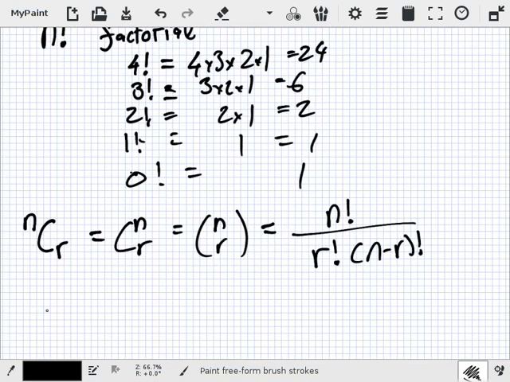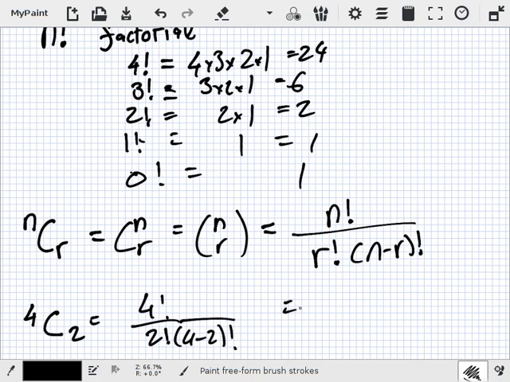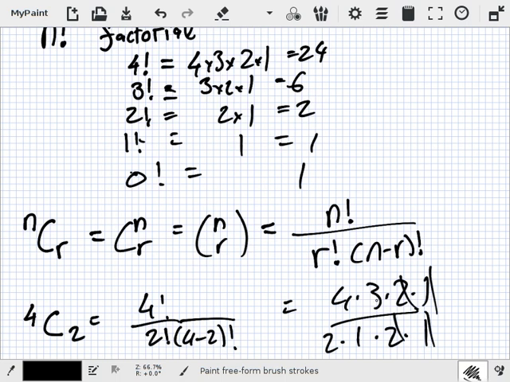So for example, 4C2 is 4 factorial over 2 factorial, 4 minus 2 factorial. So that's 4, 3, 2, 1 over 2, 1. 4 minus 2 is 2. 2 factorial is 2, 1. Cancel. 6.